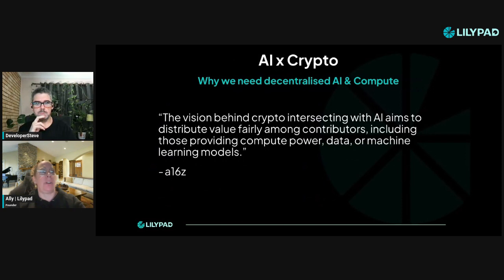I love this quote from A16Z. They did a podcast on AI and crypto, I think fairly late last year. And this is exactly what they had to say about where AI and crypto intersect. The vision is to make this really centralized product, AI, more democratized with crypto, because crypto is very democratic, whereas AIs can be quite centralized.